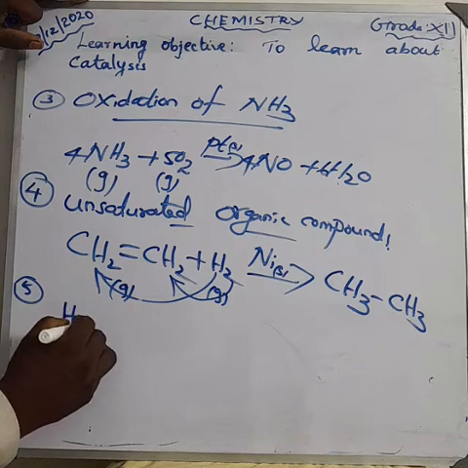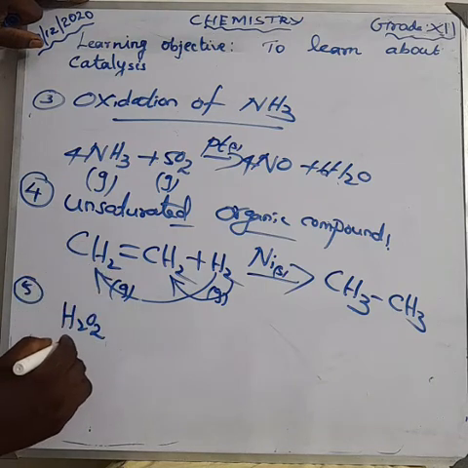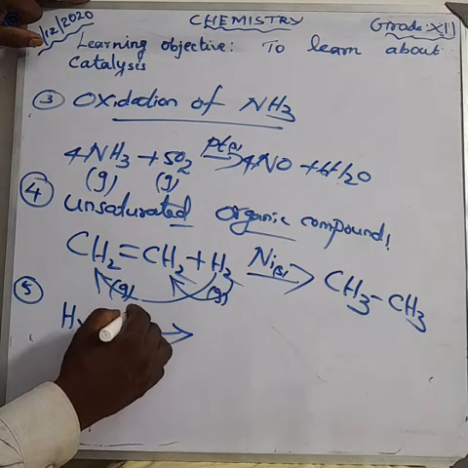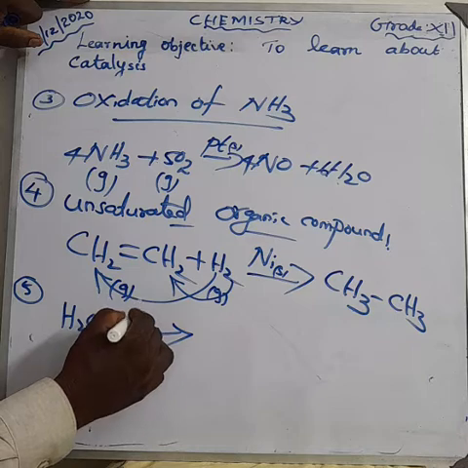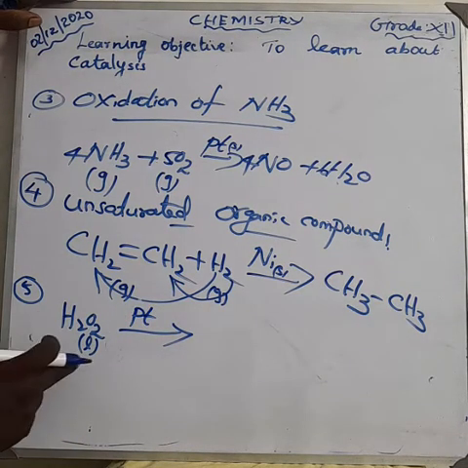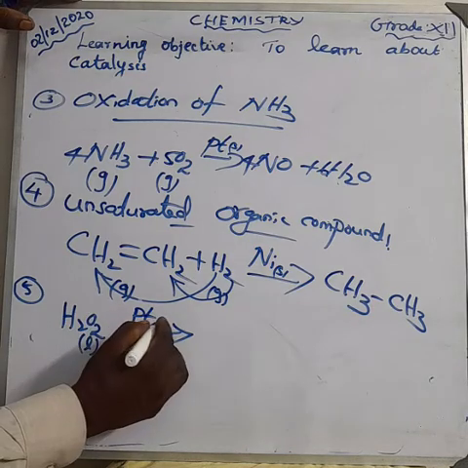Hydrogen peroxide has H2O2. This we can take as a liquid state. Hydrogen peroxide decomposes in the presence of colloidal platinum. Here, this is the liquid phase, this is the solid phase.